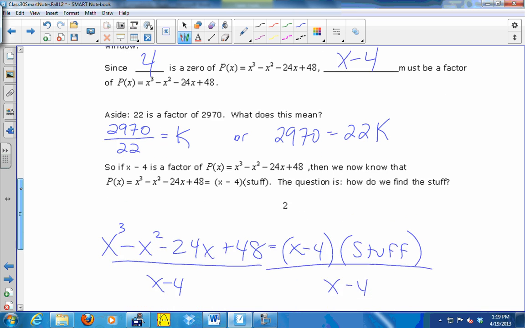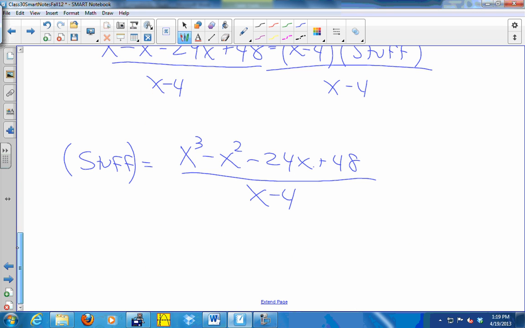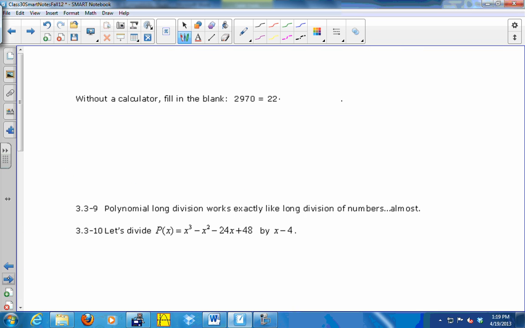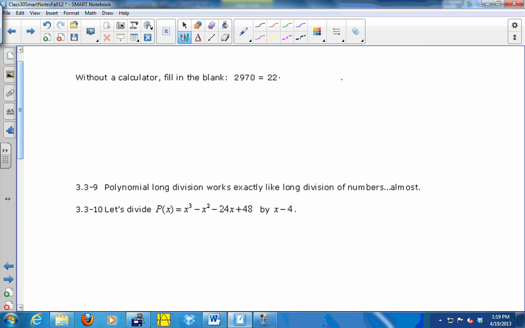If I wanted to get the other factor, k, 2,970 is equal to 22 times something, divide both sides by 22. Okay, so without a calculator, I want to figure out what you multiply 22 by to make 2,970. No calculator. So what do I have to do?